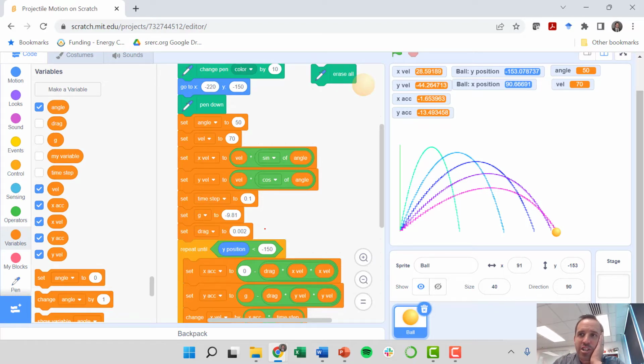If your simulation predicts that the ball goes a lot further than you saw in reality, you could increase this drag coefficient, which would cause the ball to go less far in your simulation, and you could do some trial and error and adjust your drag coefficient until your simulation matches up with reality.